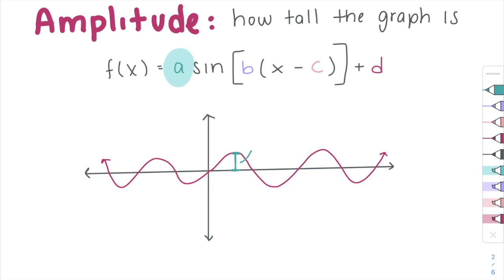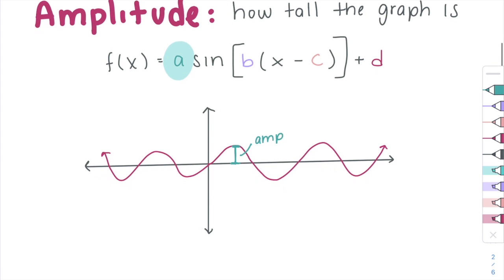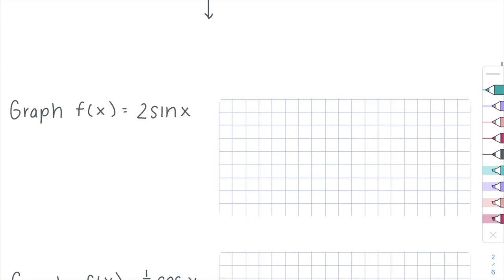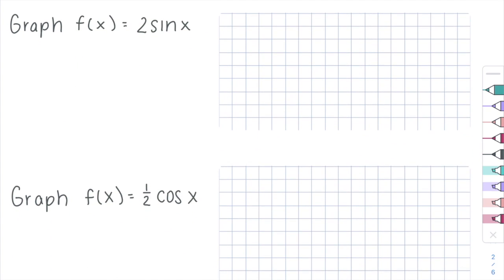So this is the amplitude. Our standard parent functions for sine and cosine have an amplitude of 1 because they're just up 1 point, down 1 point. So it's how far away that is from the middle. So let's look at some graphs that don't have an amplitude of 1 and what happens when they don't have an amplitude of 1.